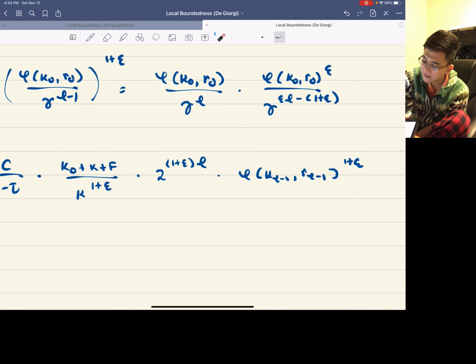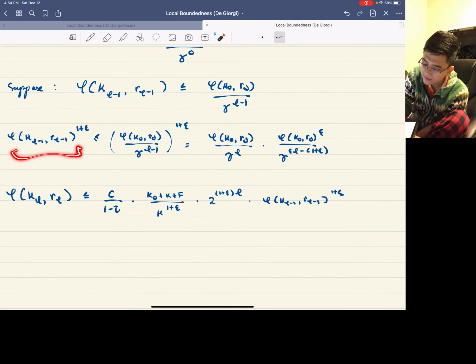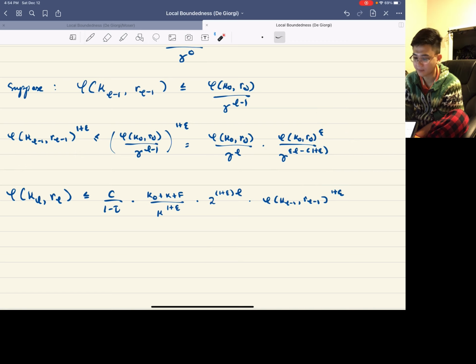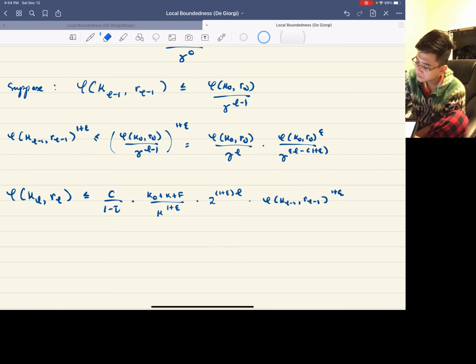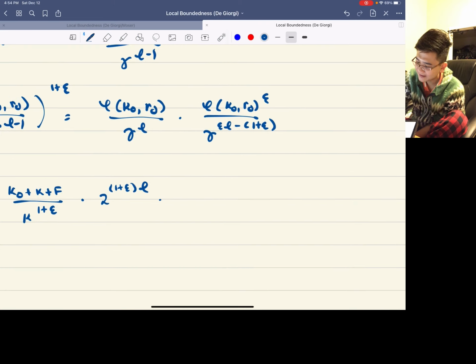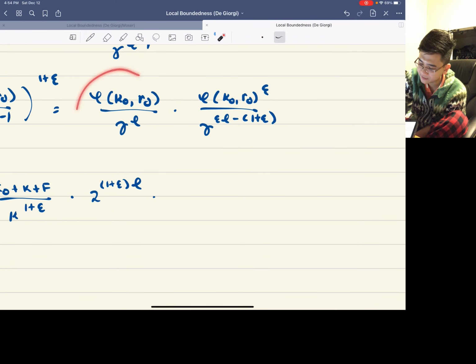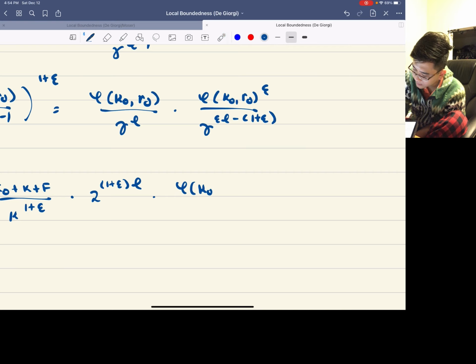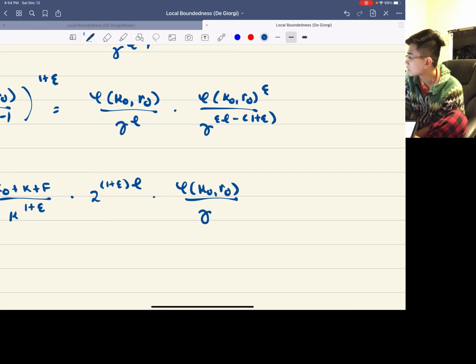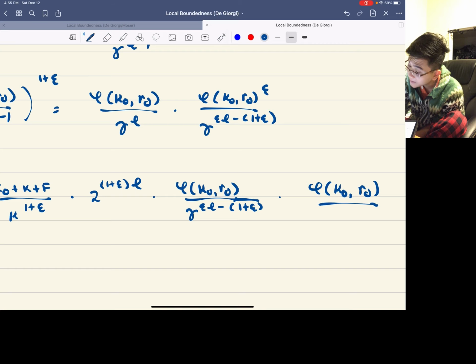So now we're going to replace this term. To save space, I'm going to erase that and replace it with this term. Let's write it as phi of K0 R0 over gamma to the epsilon L minus 1 plus epsilon, times phi of K0 R0 over gamma to the L.